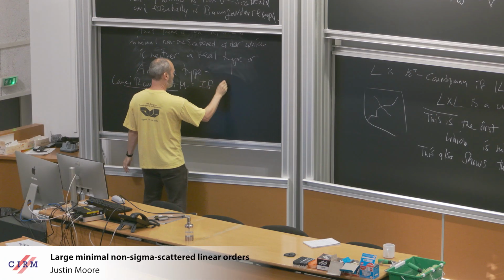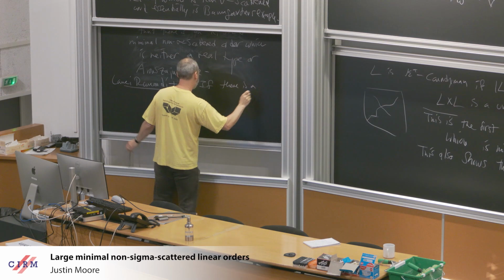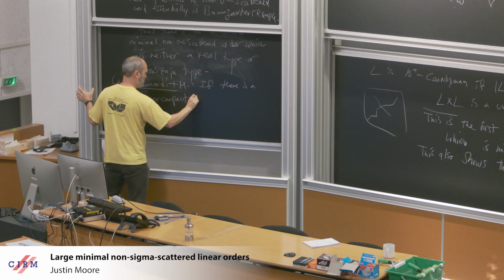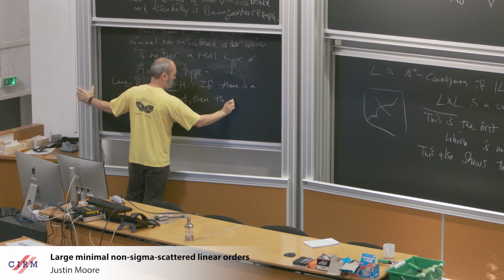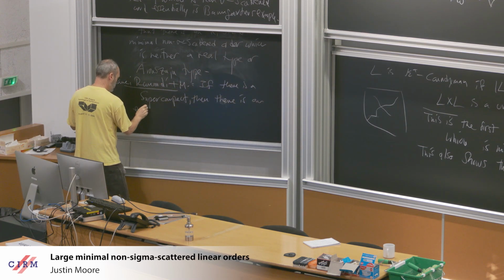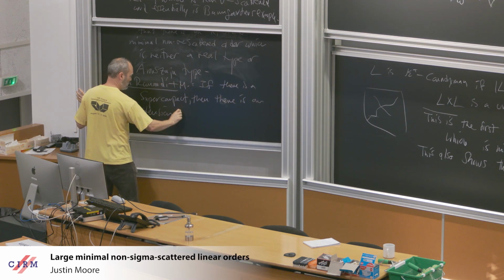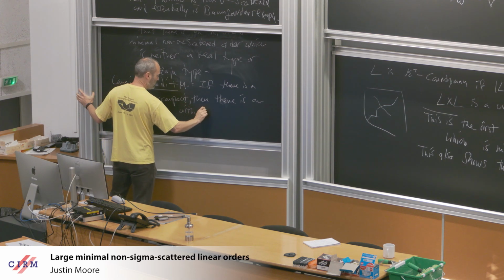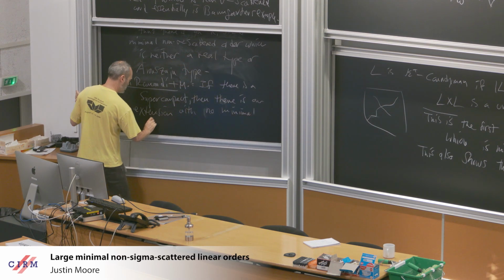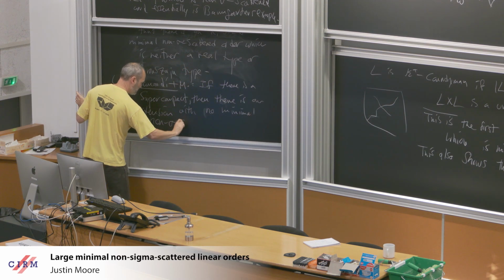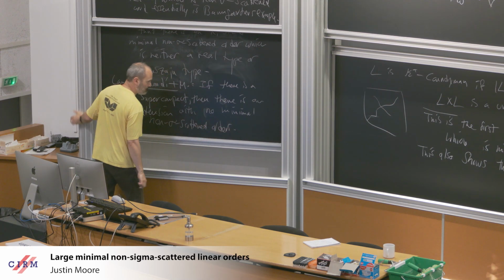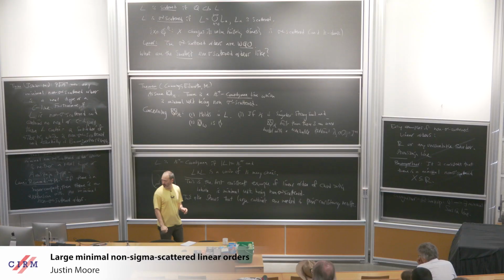If there's a supercompact, then there is an extension with no minimal non-sigma-scattered orders at all.